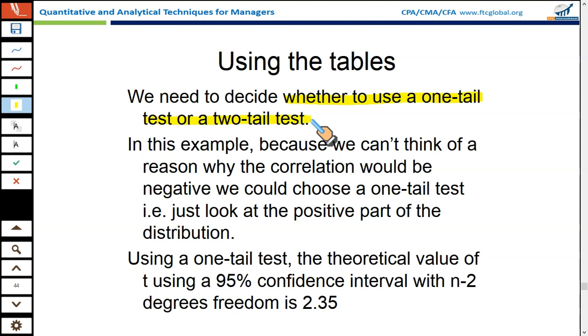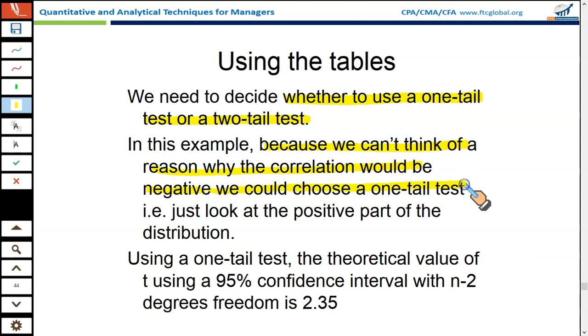Why? Because here we believe that X and Y are correlated in one direction. If you study more books, you get a higher score. If you study fewer books, you get a lower score. So we are just looking in a single direction, so we are going to use a one-tail test only, because we can't think of a reason why the correlation would be negative.